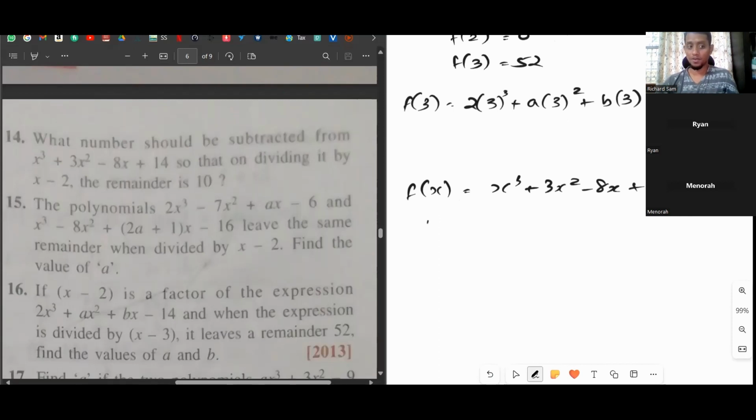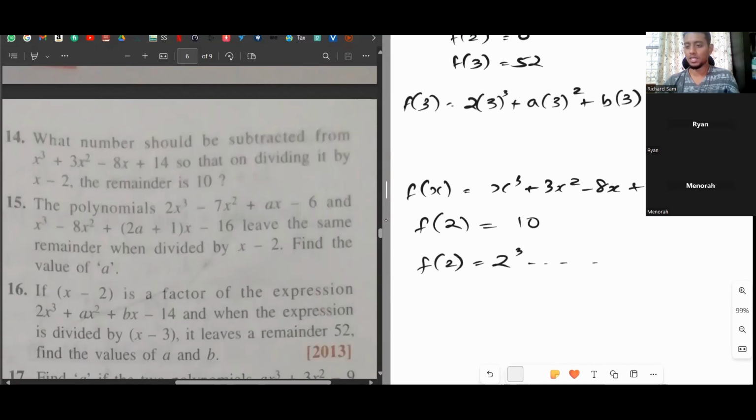Now when you're dividing it with x minus 2, the remainder is 10. So from the remainder theorem, f of 2 is equal to 10. Wherever x is there, you'll put 2. That's 2 cube, all that whole thing, minus a equal to 10. Solve that and find a.